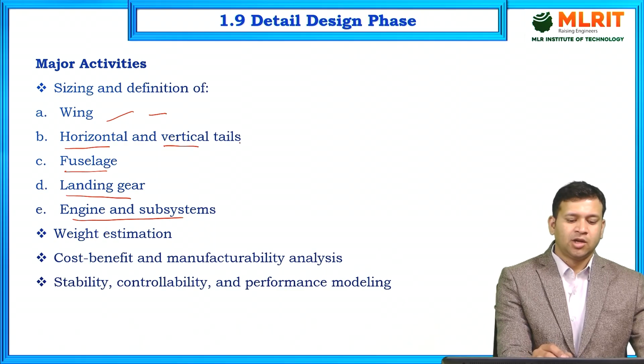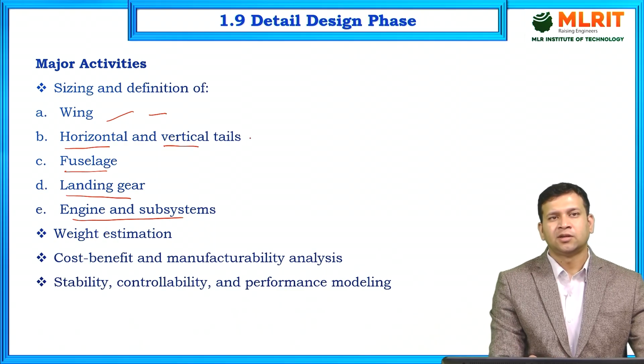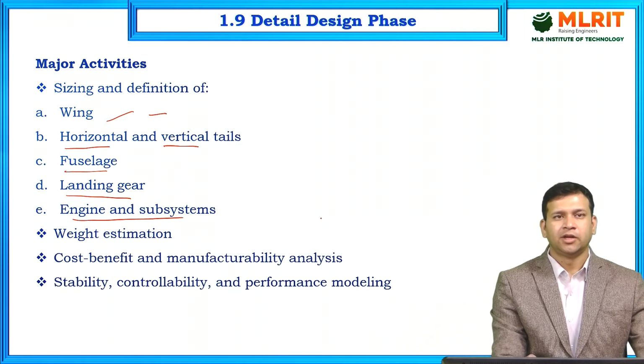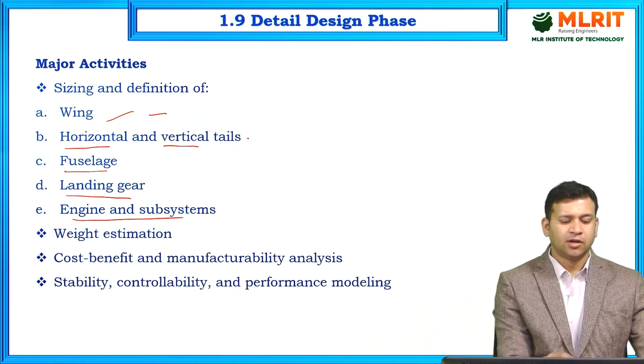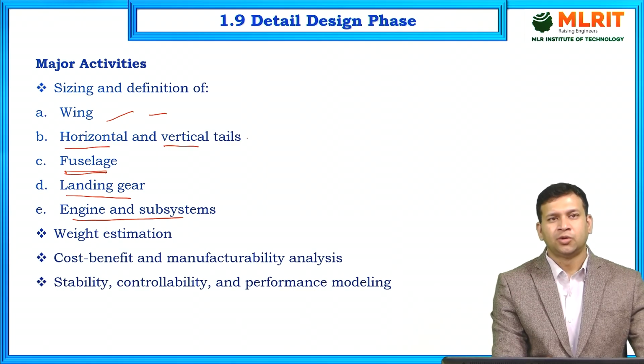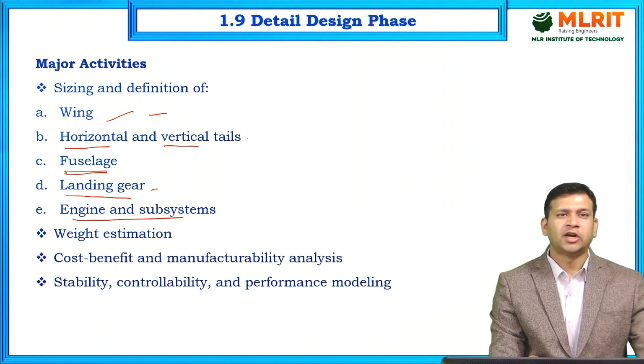Then horizontal and vertical tails, how the elevator will be, what kind of rudder system we'll have, even that is defined here. Then fuselage, what kind of fuselage is required to accommodate the requirements. Then type of landing gear to ensure that it has a smooth landing.